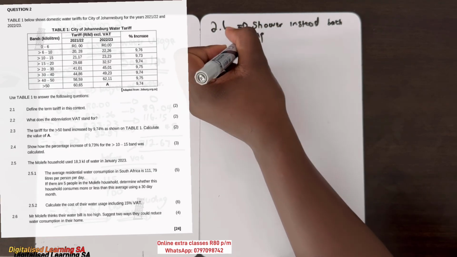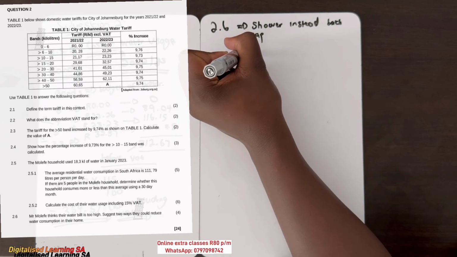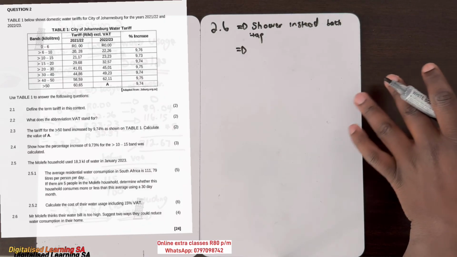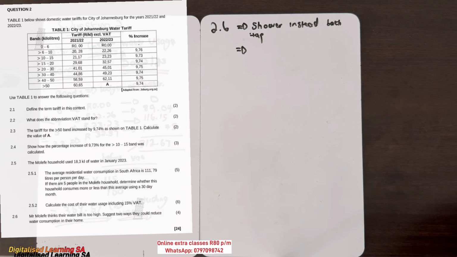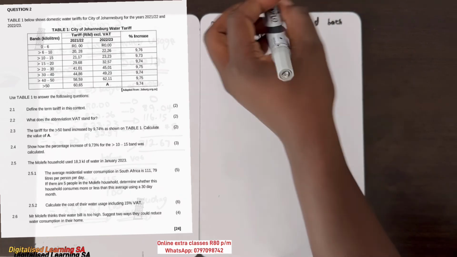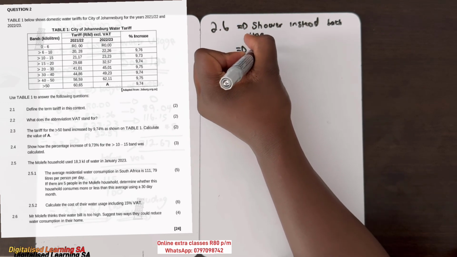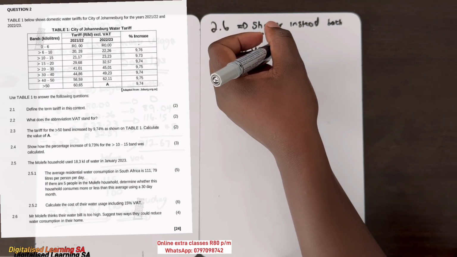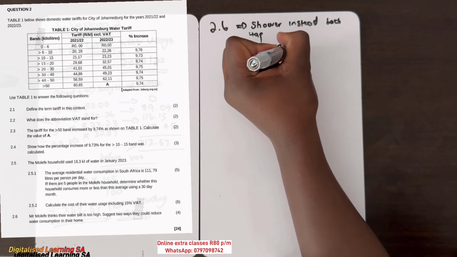So with this question, you can answer other ways in which they can reduce their usage of water. It doesn't have to be these answers only. And another way that they can reduce the usage of water can be using a bucket to wash cars instead of a hose pipe.